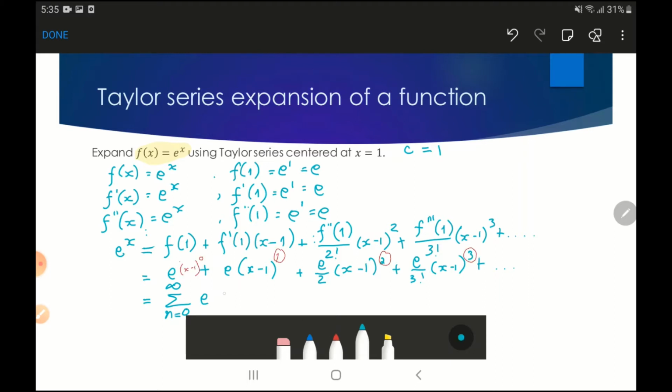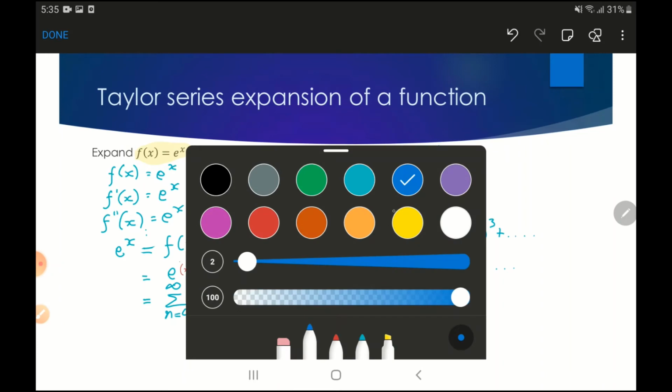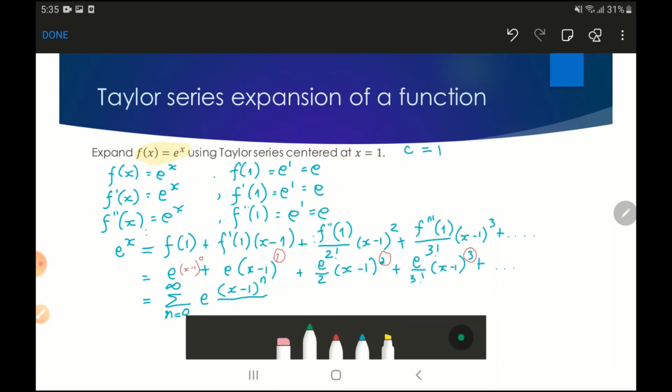So we have our (x minus 1) to the n over n factorial, because here this is 0 factorial, this is 1 factorial, 2 factorial, 3 factorial. It's actually n factorial. So this is our expansion of e to the x centered at x equals 1.